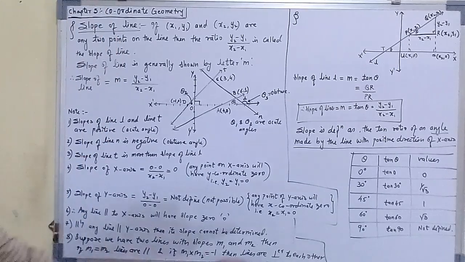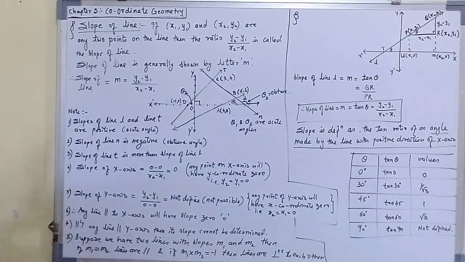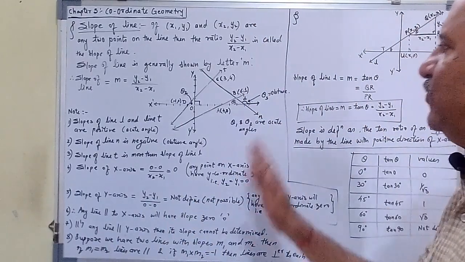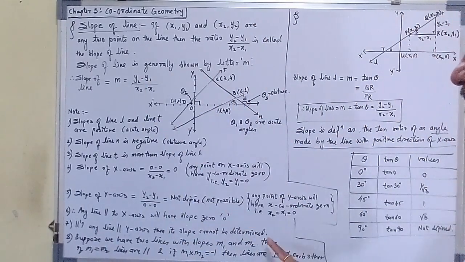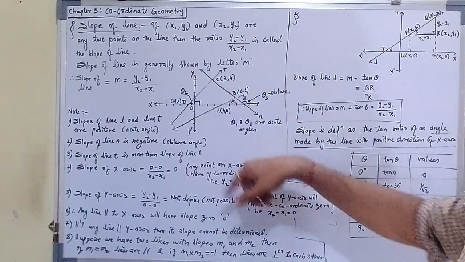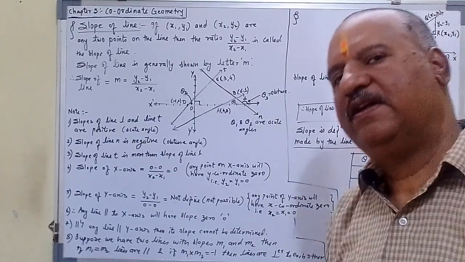Hence we cannot determine the slope of the y-axis, meaning impossible, not possible. Similarly, any line which is parallel to x-axis will have slope 0, and any line which is perpendicular to x-axis, slope cannot be defined.